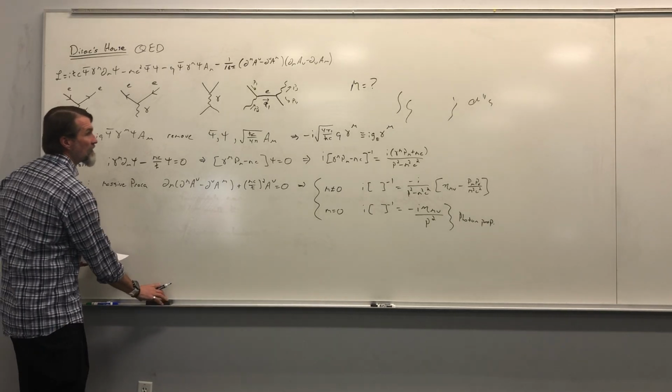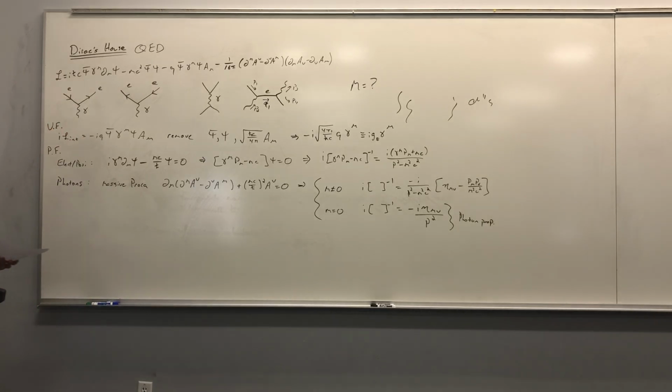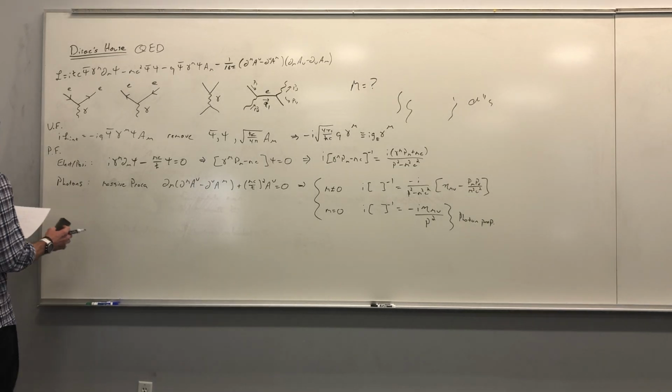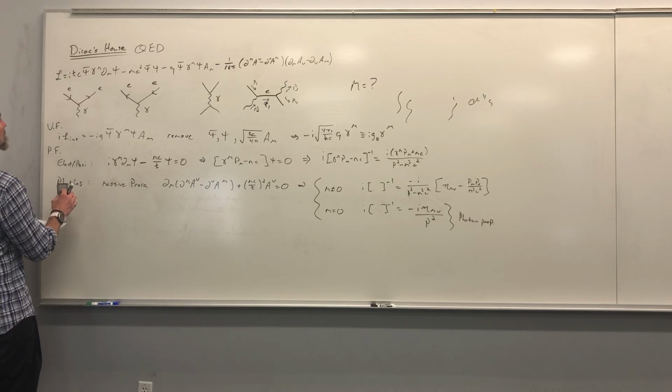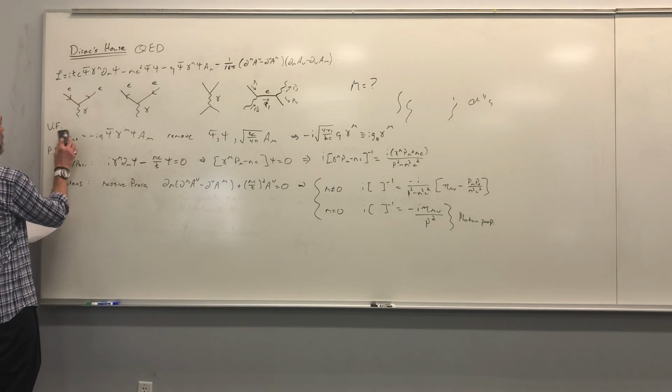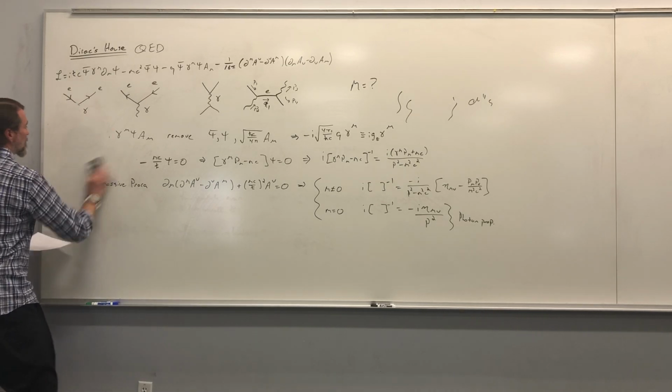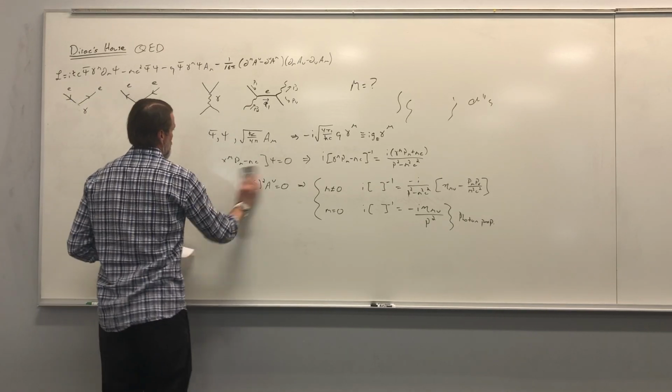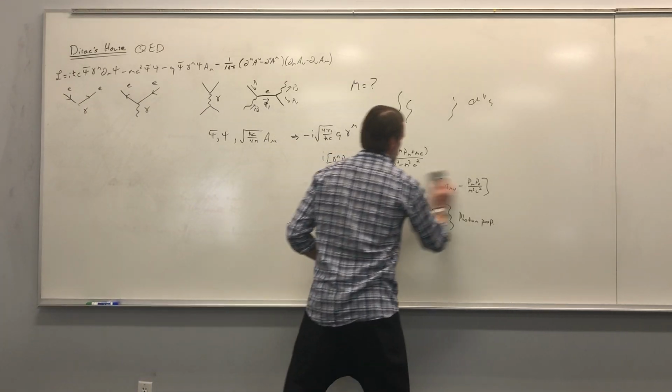Okay, so I'm going to start out by giving you an array of expressions which will be useful, and then I'll actually go through the rules for QED, but I'm going to have to get these expressions up here first, and I guess I'll just erase this and write them up here. We've already gotten our vertex factors and our propagators, so you've hopefully written those down. Now I'm going to give you an array of useful factors.